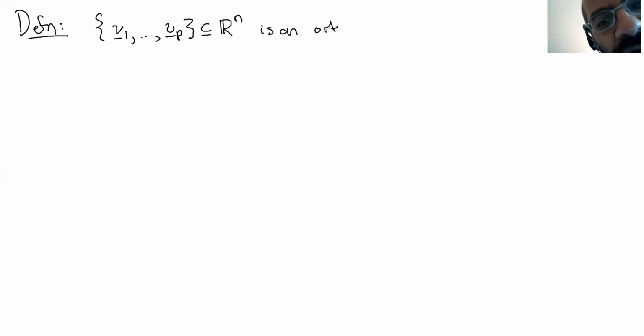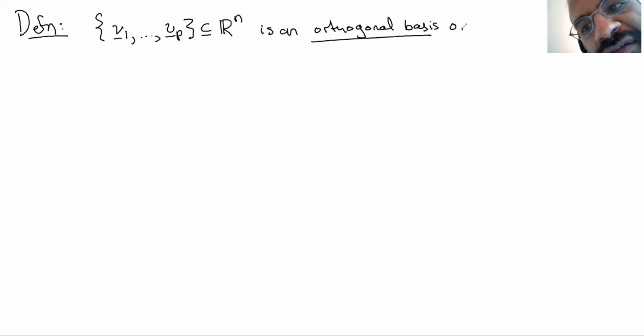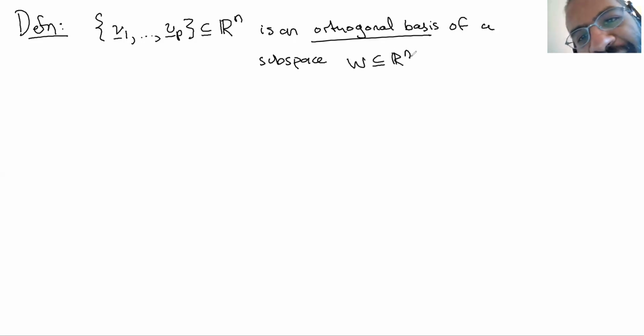The definition is that a subset of vectors in Rn is an orthogonal basis of a subspace if the following two things hold. One, same as before, the span of the vectors is equal to the subspace.